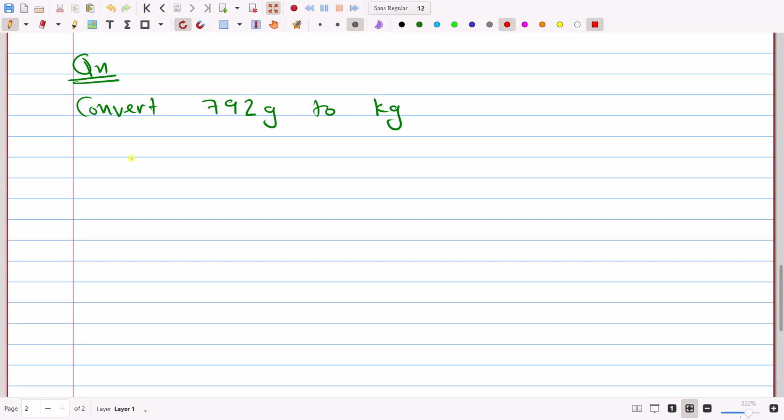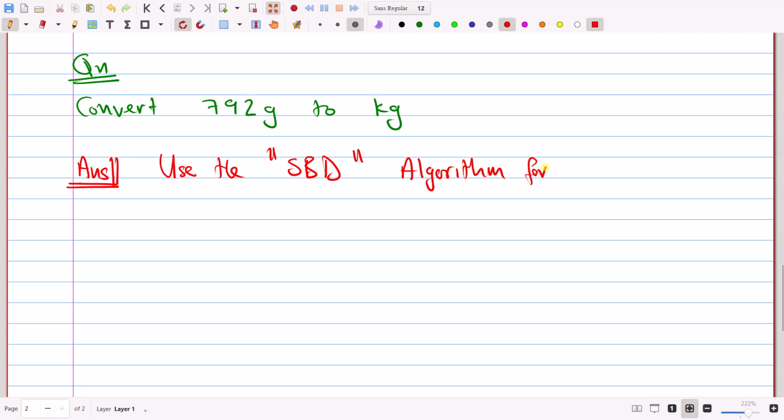Every time you are asked to solve a problem like this one, where they ask you to convert a certain unit to another unit, the thing that we use is an algorithm which I refer to as the SPD algorithm for unit conversions.